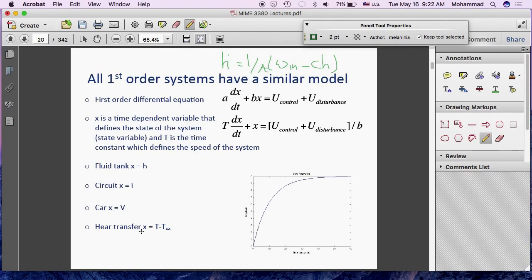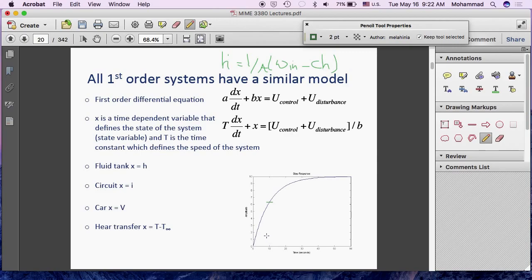Now, final value for this case is what? Can you read the numbers of it? 10. So 63% of 10 is what? 6.3. So the time that it takes to get to 6.3 is roughly here. So it means the time constant of this system is 10 seconds.